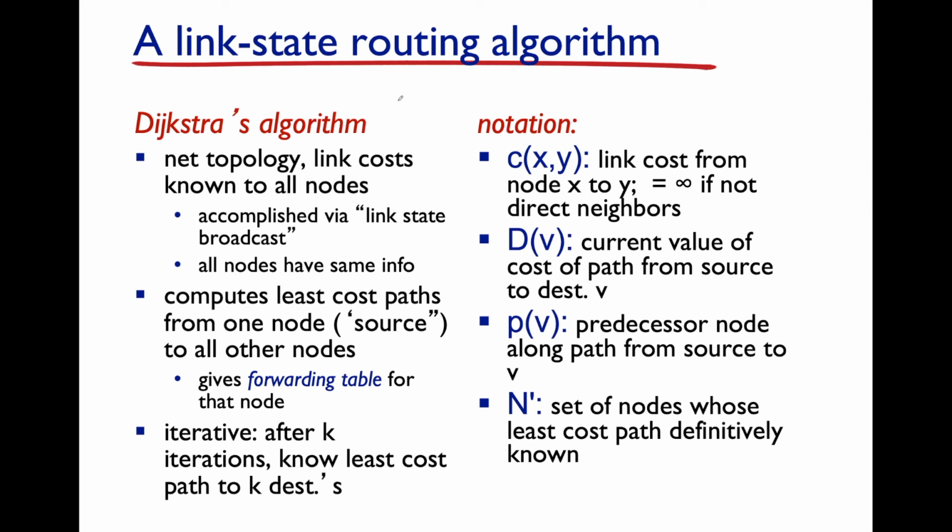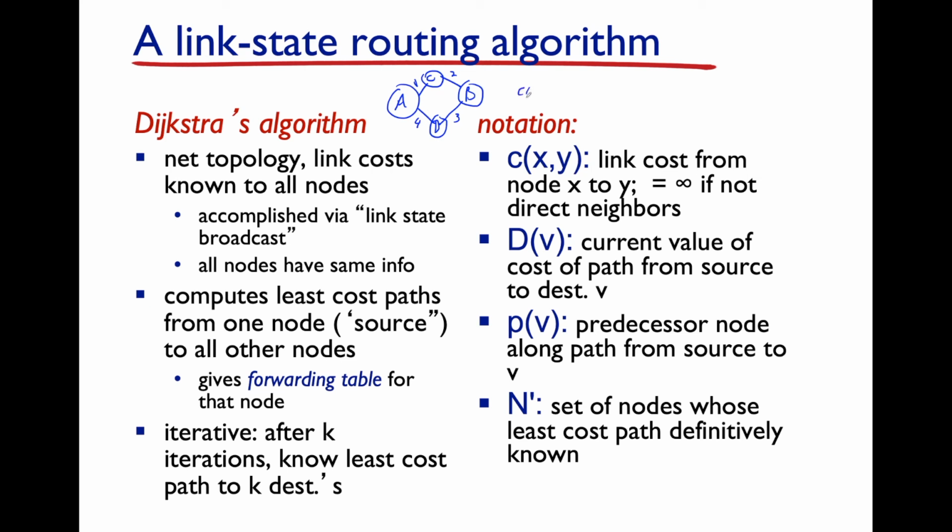So say we have a network A, B, another router, C, and D. Okay, so let's assume we have some link cost. That's a link cost of 1, 2, 3, and let's call that 4.